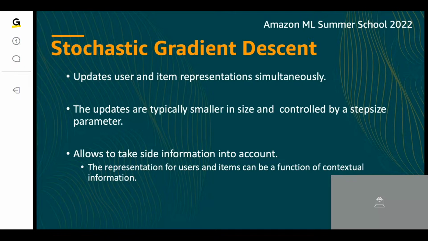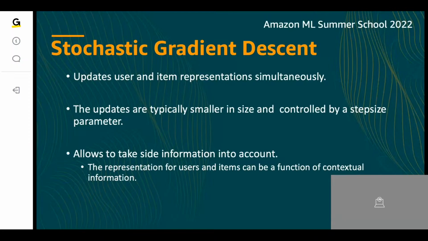And like we discussed earlier, this overall structure allows you to take side information into account. Till now we have only talked about using the bias terms for users and items. You could also bring in other features of users and items.